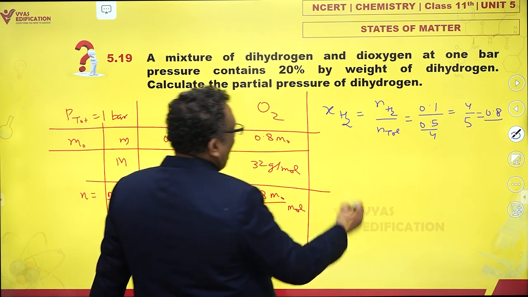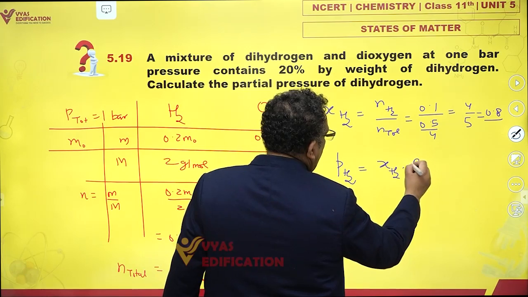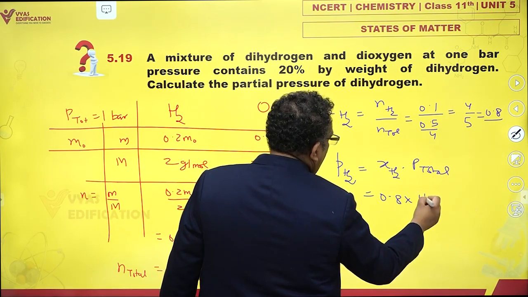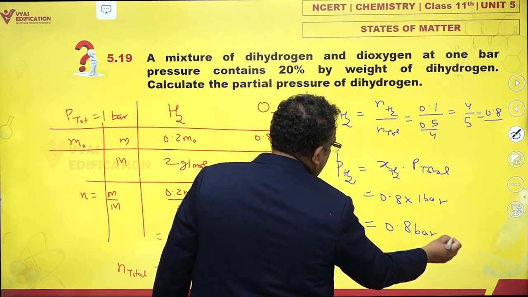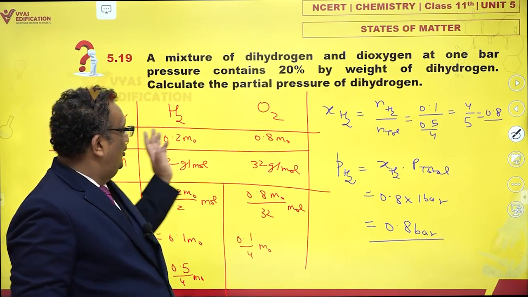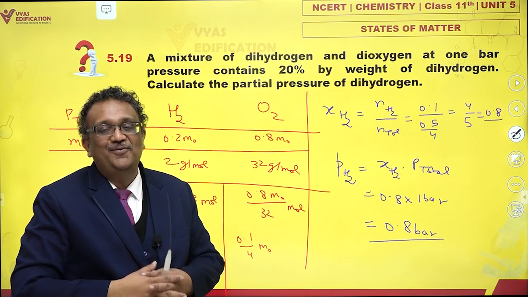And partial pressure of hydrogen is mole fraction of hydrogen into P total, which is 0.8 into 1 bar, which is 0.8 bar. So, hydrogen amounts to 80% of the total pressure, although its mass is barely 20% because number of moles of hydrogen are more.